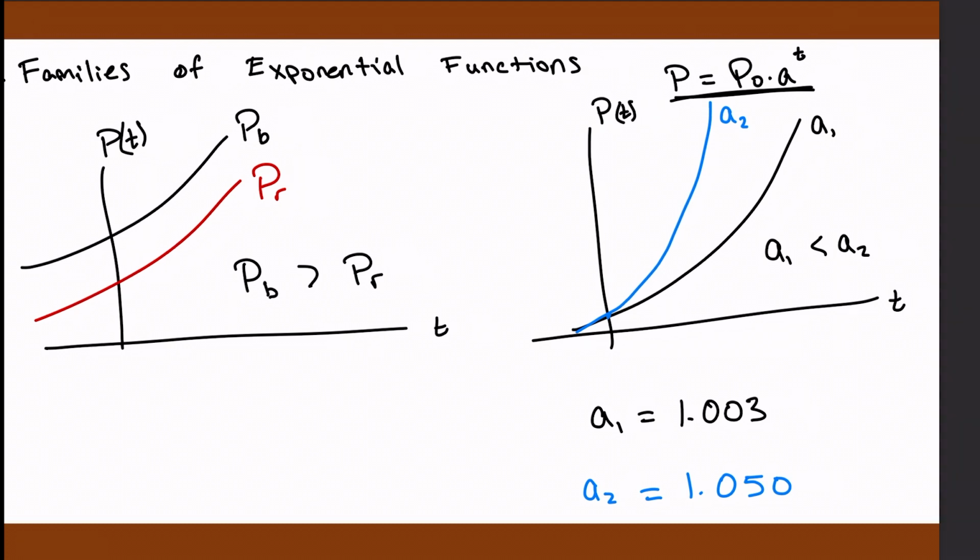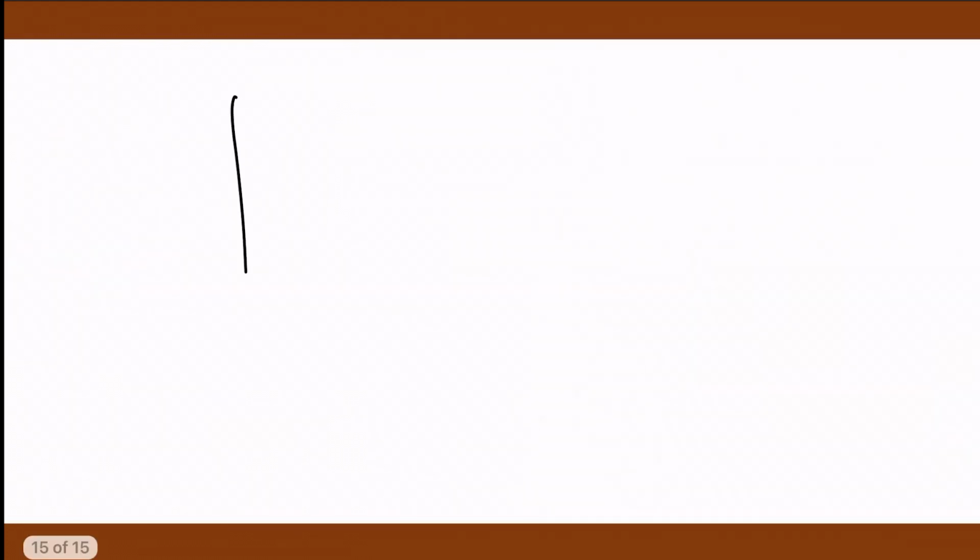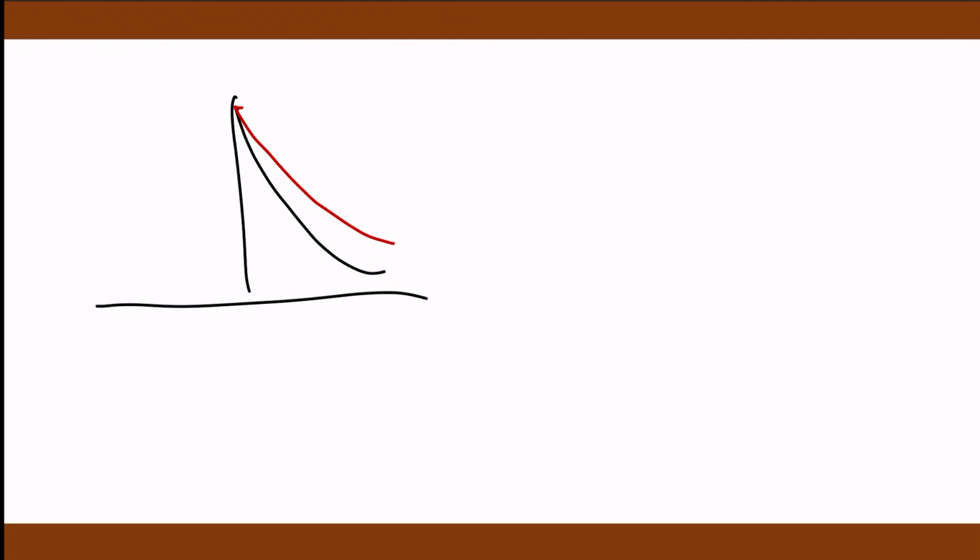One last thing here for the families of exponential functions, if I have some decrease, let's say it all starts at the same value. Let me draw a little better than that. Starts at the same value, but we have different rates of decrease, right? Well, we know that, for example, this could be 0.9 to the t in green. This could be 0.7 to the t in black, and 0.3 to the t for the black line.